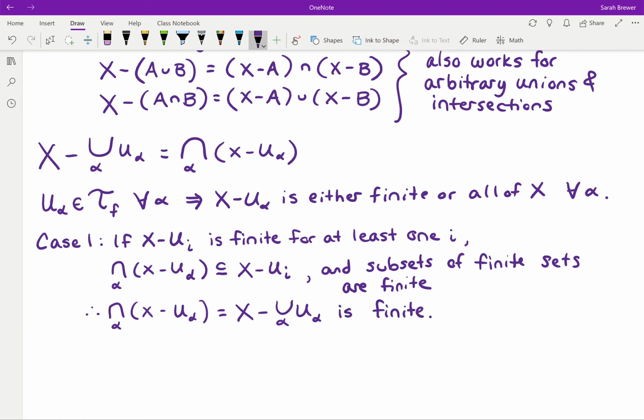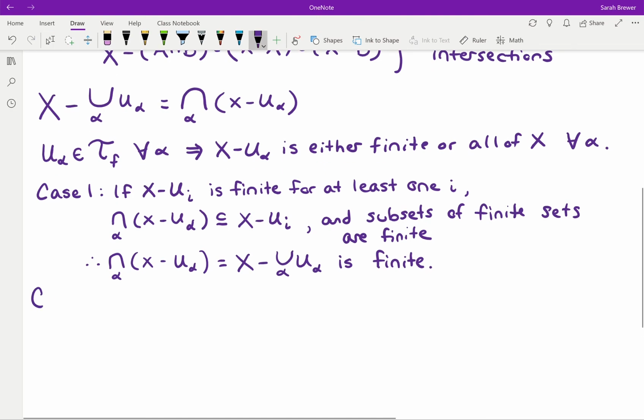Okay. So then case 2 is that X minus U_i is all of X for all i.